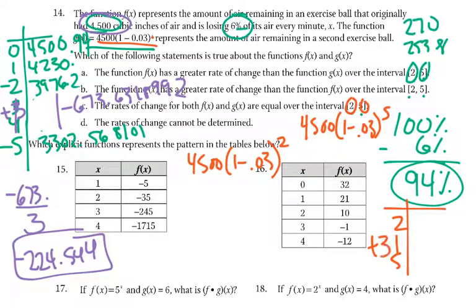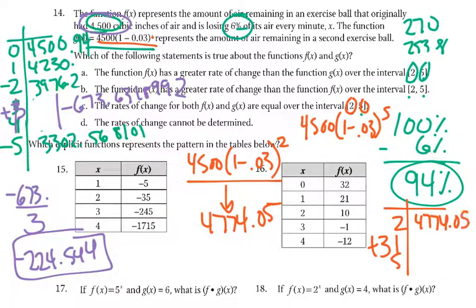So we know that's plus 3. Now if I do this one, I just type it into a calculator. It's the easiest thing to do. And we get 4,774.05. Then I do it for 5.